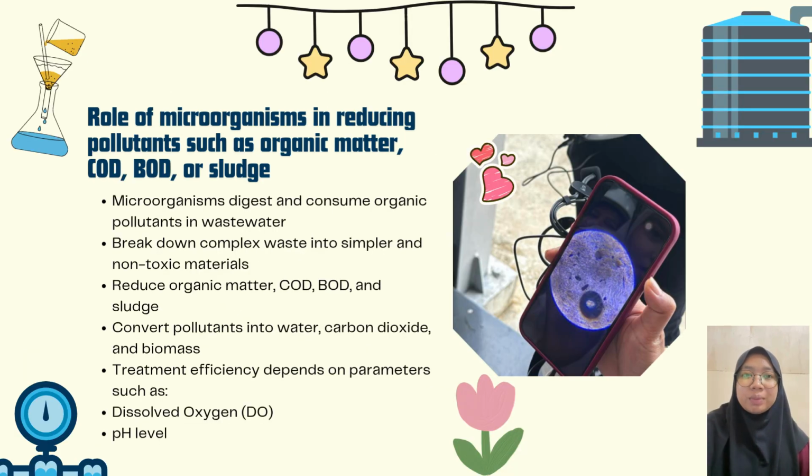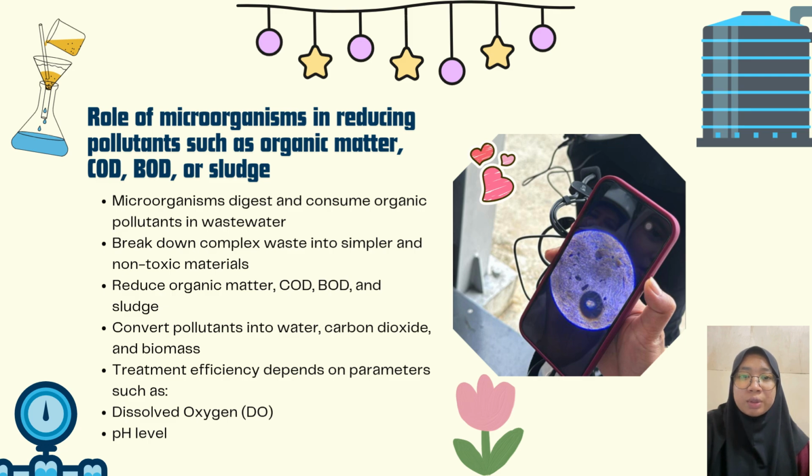Next, I will talk about the role of microorganisms in reducing pollutants such as organic matter, COD, BOD, and sludge. Microorganisms digest and consume the organic pollutants present in the wastewater. They break down complex waste material into simpler and non-toxic substances such as water, carbon dioxide, and biomass.